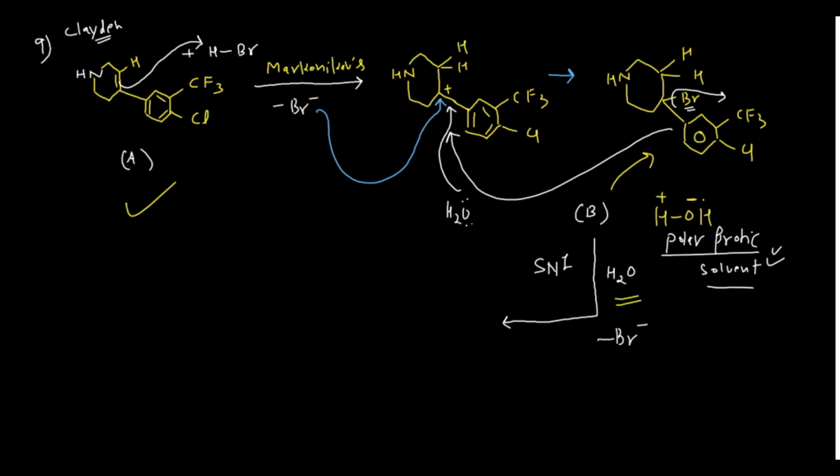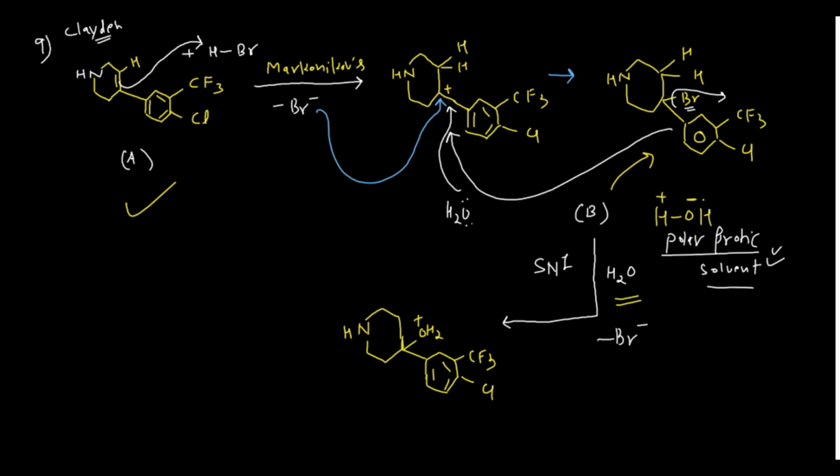So what you will end up with then, this is your NH, like that only, and OH2 with a positive charge, and this is your CF3 and this is Cl. And what will happen finally?